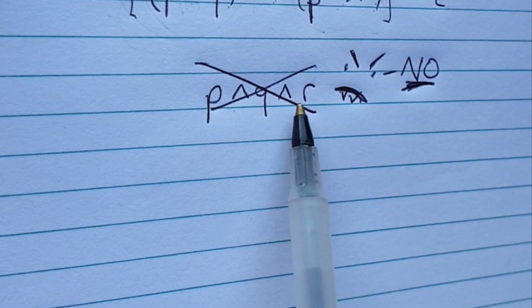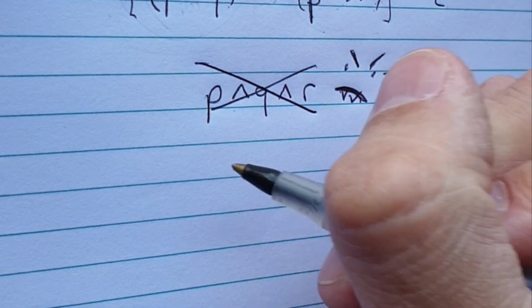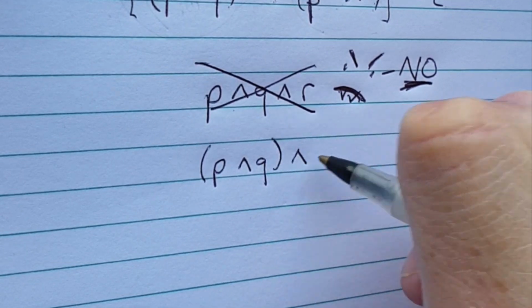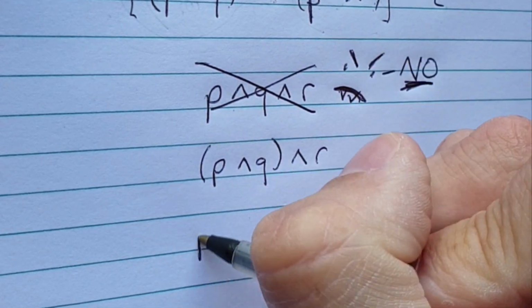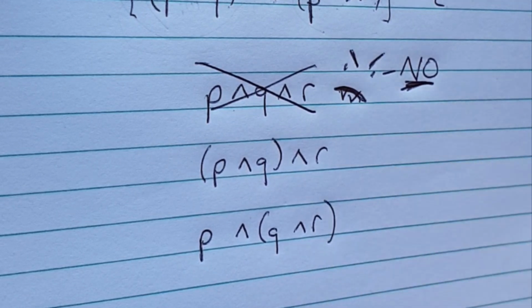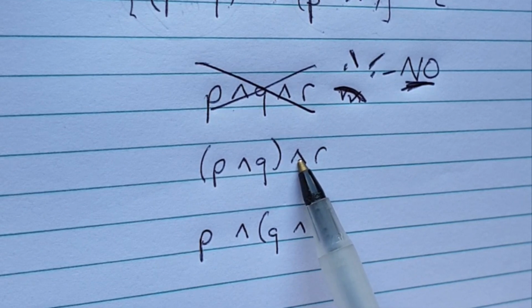If you find yourself writing something like this, there's probably one of two things that you mean. Of course, I don't know which one it is. One thing that you might mean would be this, and the other thing that you might mean would be that. So you see, these are different sentences. This one is a conjunction.